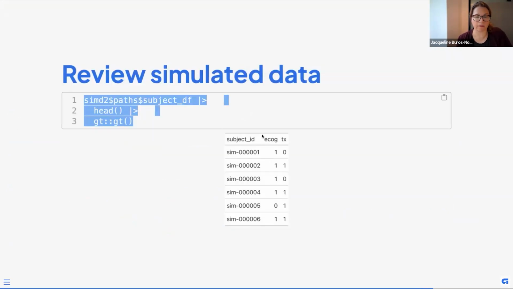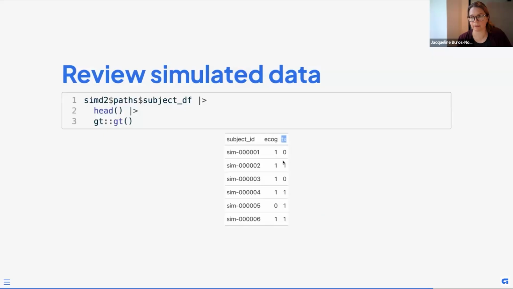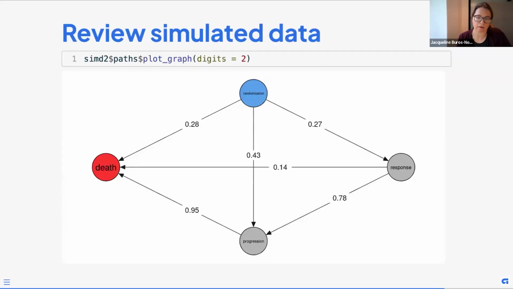So our data will now include a new field, treatment, that's randomly assigned to 0 and 1s. And we're simulating data with this hypothesized treatment effect. Our state transition graph is very similar to the one we had before. It's not going to be hugely modified.